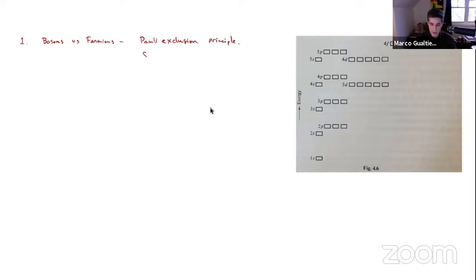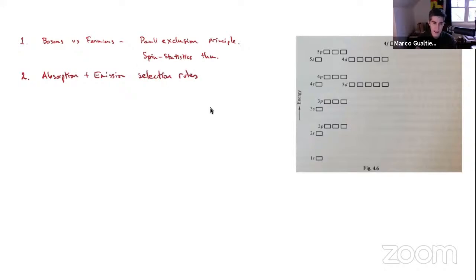Same idea as the spin statistics theorem. And the second thing is perturbations, or really absorption and emission. Selection rules.